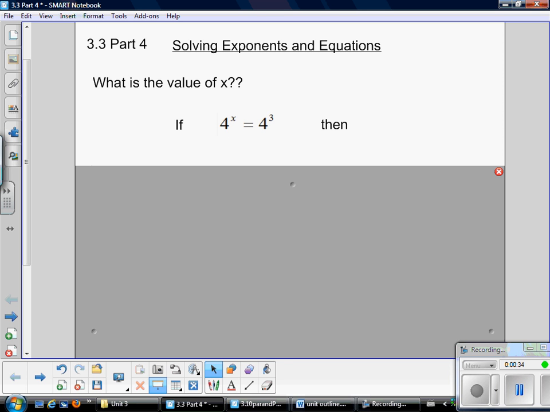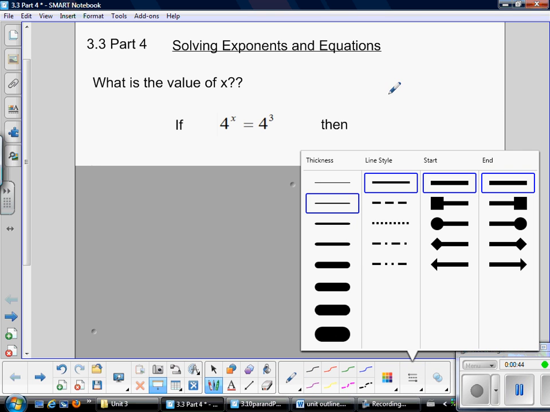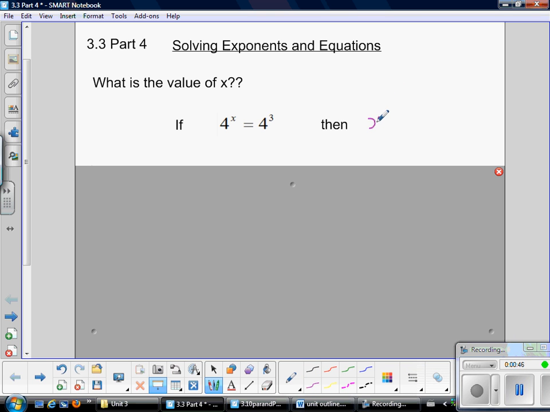Well, I think most of us would agree that that is fairly simple. It doesn't require a whole lot of teaching on my part. x would equal 3. Now, exactly why does it equal 3? You're saying, well, it's pretty common sense.